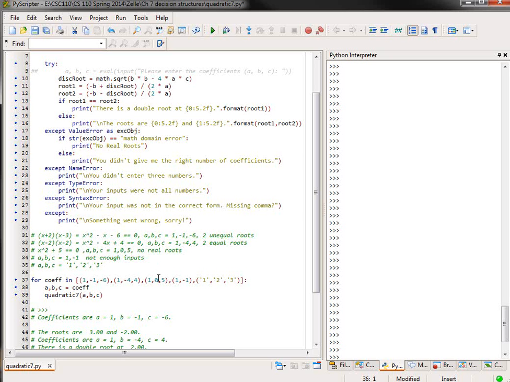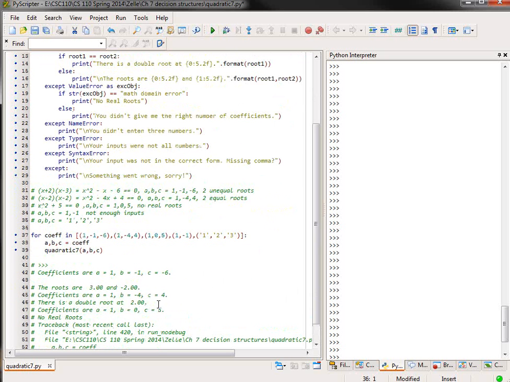The third situation, 1, 0, 5, would have no real roots. x squared plus 5 equals 0. There's no real value of x that can cancel out the 5 to make a 0. Here we've missed putting 3 numbers in, and here we're putting strings in instead of numbers.